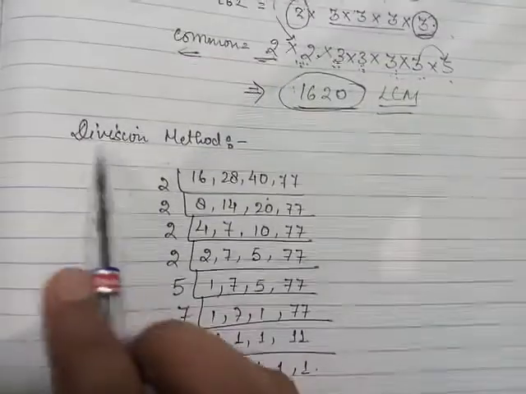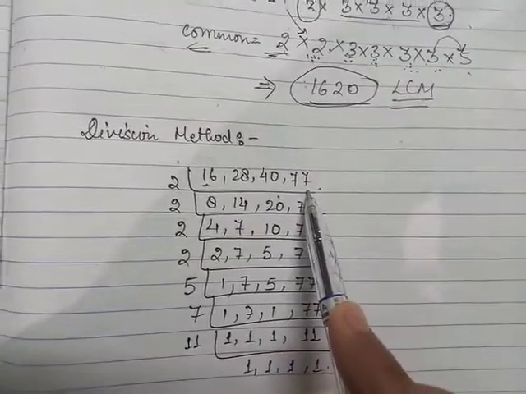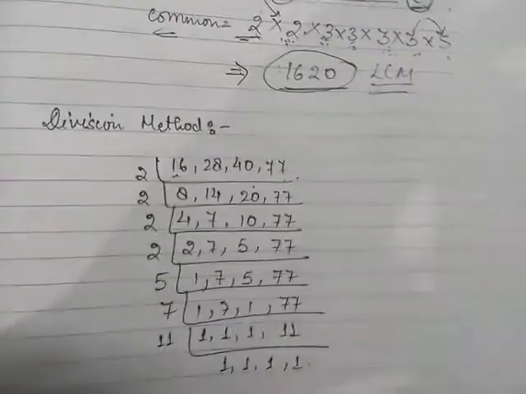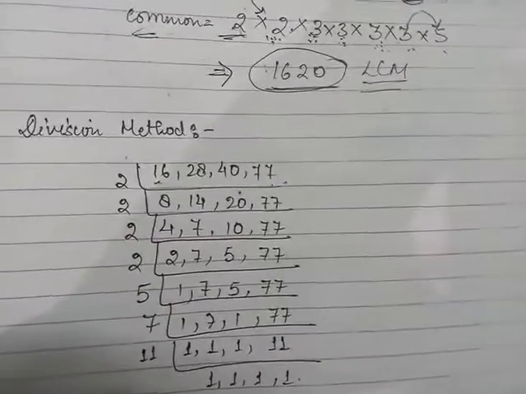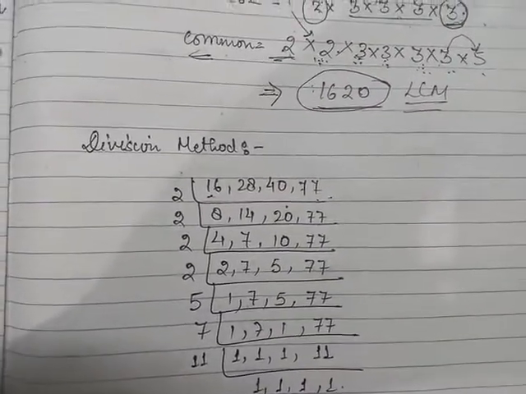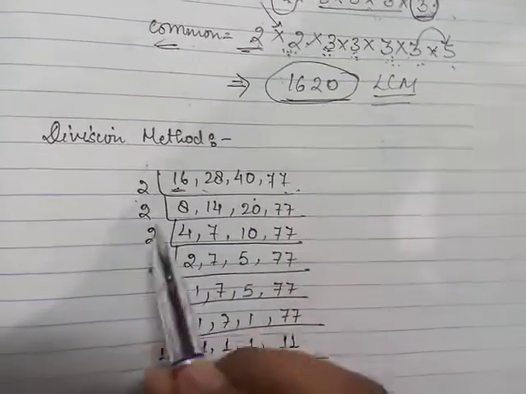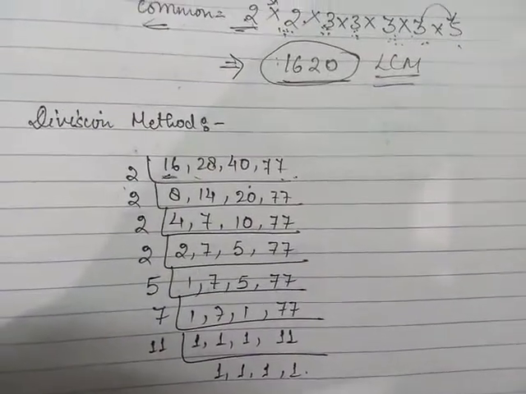In the division method, we will take all the numbers simultaneously and go through the factorization of each and every number simultaneously. Those numbers which can be divided by 2 are divided in the steps.